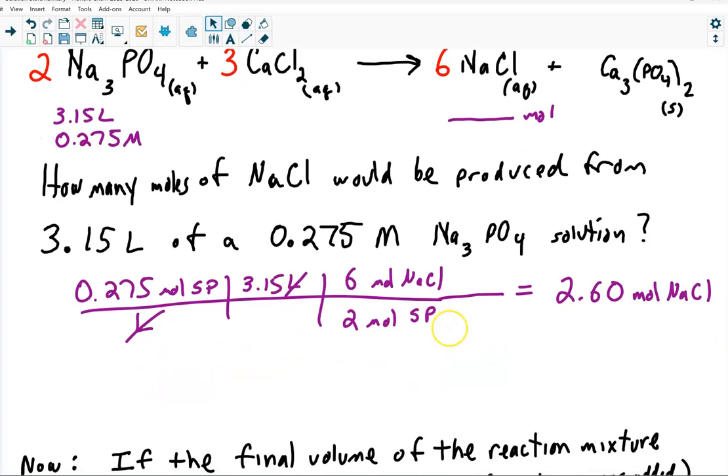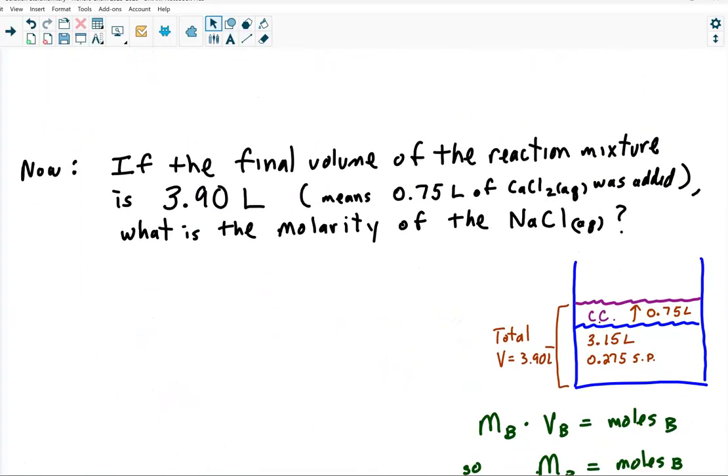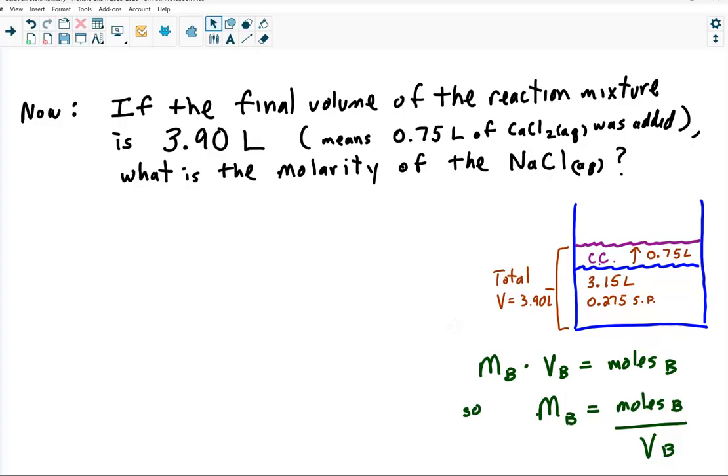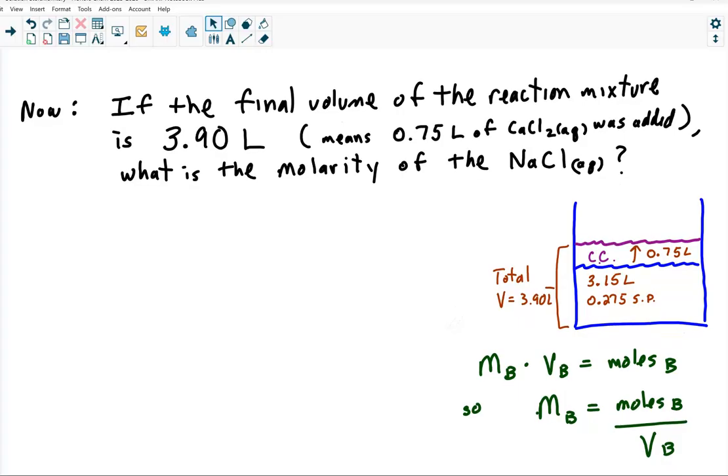So let's scroll down and look at part 2 of this question. It says, now, if the final volume of the reaction mixture was 3.90 liters, think about that. I started out in my beaker with 3.15 liters, and if the total volume ends up at 3.90, then I must have added 0.75 liters of the calcium chloride.